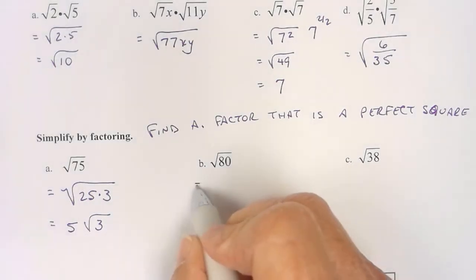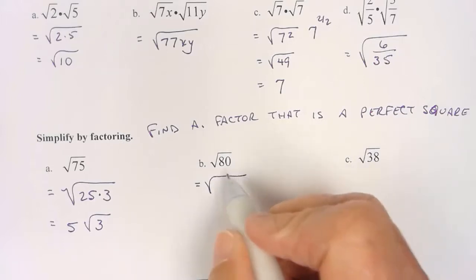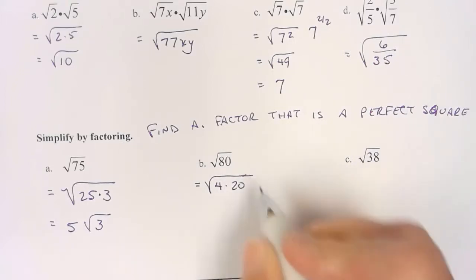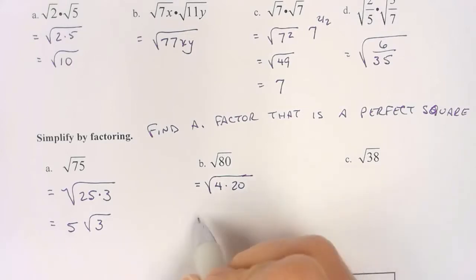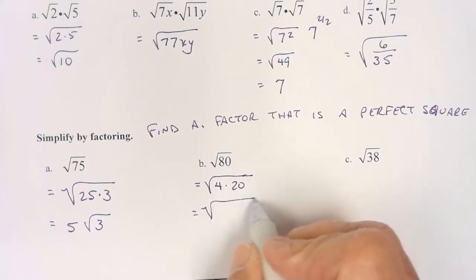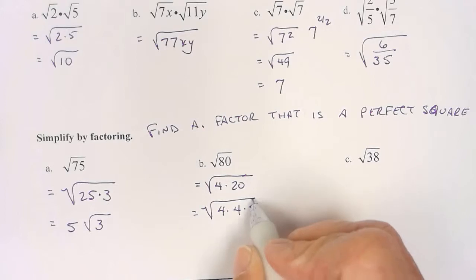Now 80. Let's look at 80. We want to look at it a couple of different ways. Let's see, 4 will go into it. I know that. When you start breaking a number down to smaller numbers, then you can see if it's got some more perfect square factors.